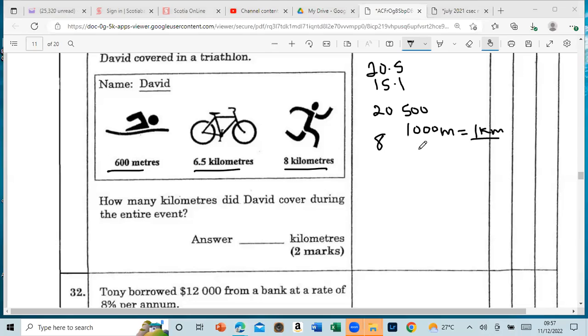How many meters is in 8 kilometers? 8,000. What about 6.5 kilometers? 6,500. Everybody see how he got that? We multiply by 1,000, right? And the 600 is already in meters, so we just put it back.